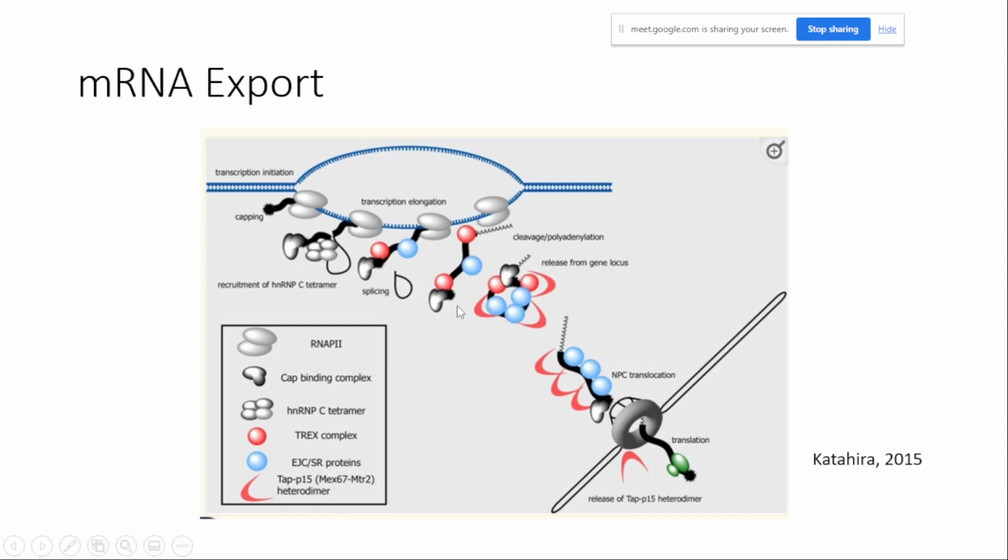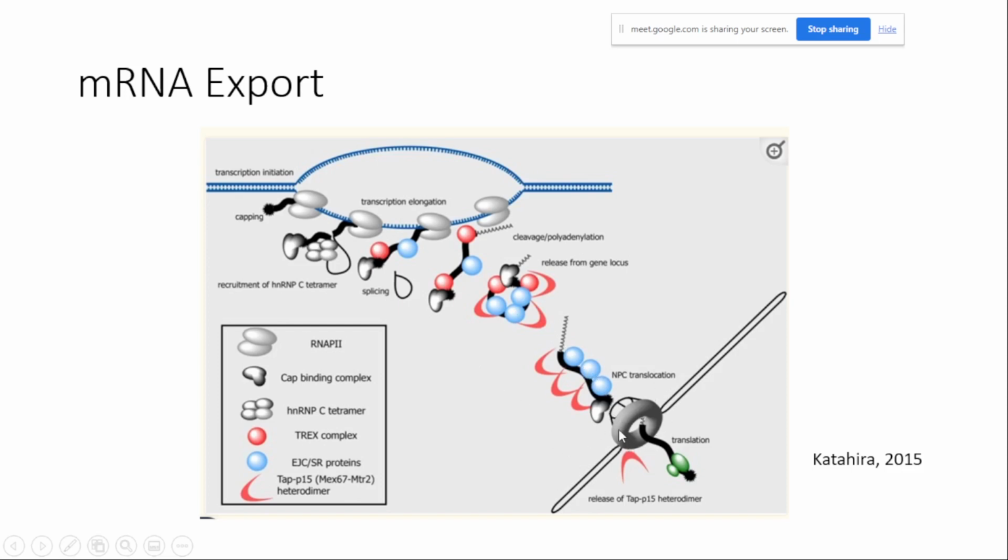Here you can see three molecules of this heterodimer bound, and this is the mRNA export transporter. After they bind here, the polyA tail has also been added. Now this complex which has MEX67-MTR2 will bind to the NPC.